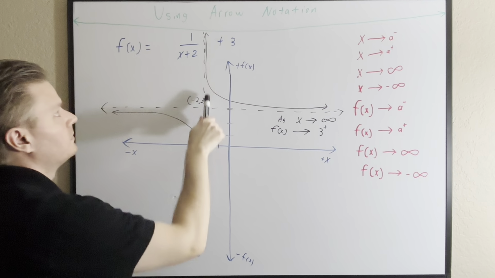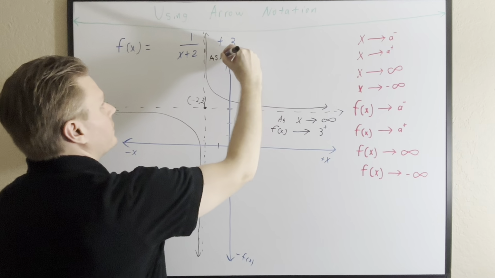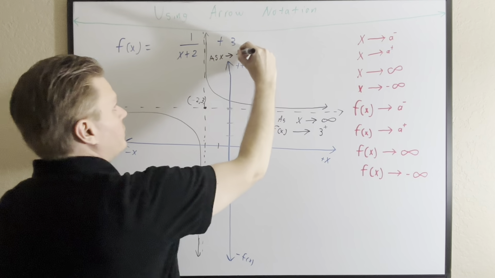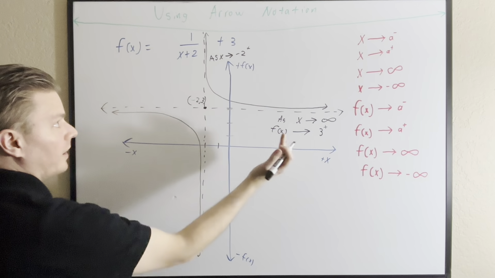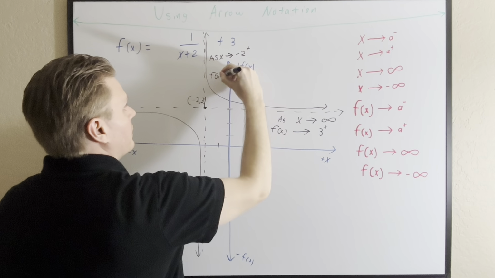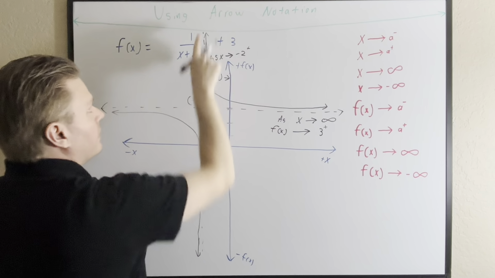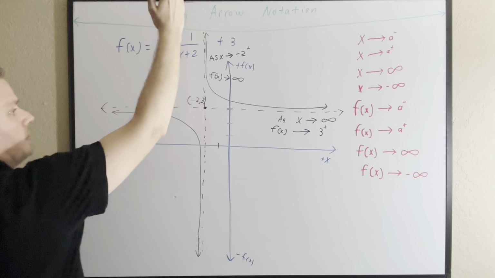All right, so what happens here? As x approaches negative 2 from the right, right? It's coming from the positive side. F of x is approaching what? Positive infinity, because it's going up, right?